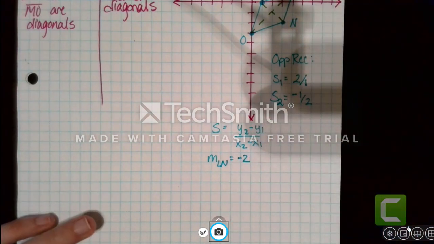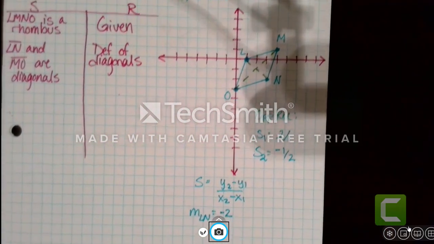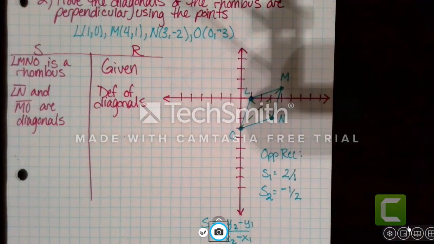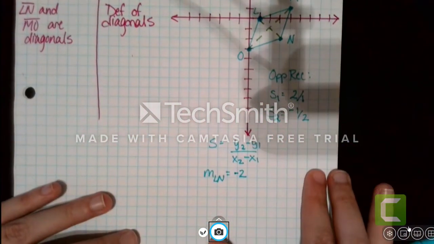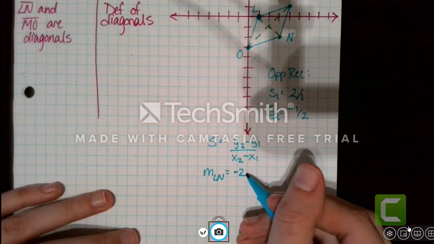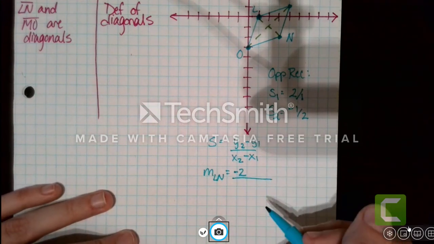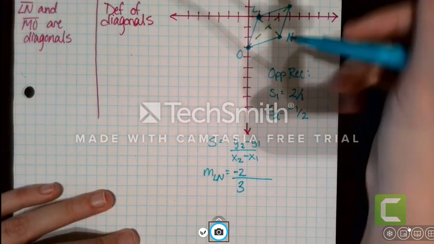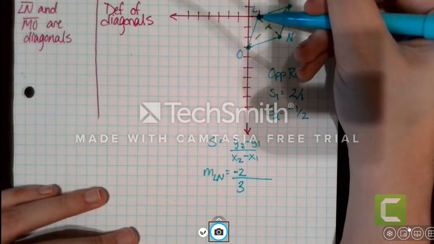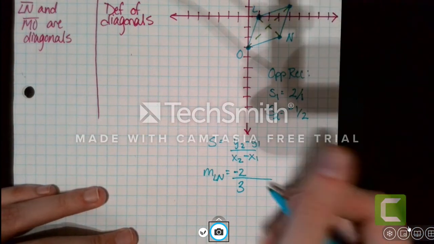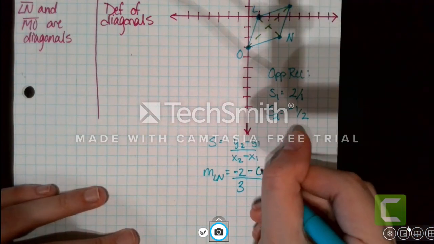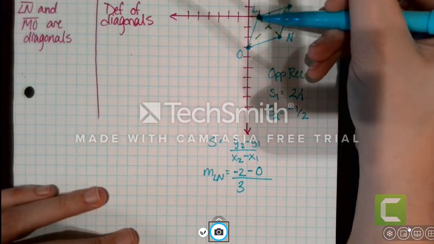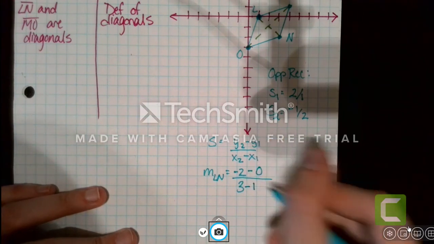So we would do negative 2 to start. Again, if you cannot read this on the graph, you can read this above in the given points. So our y-coordinate is negative 2, and our x-coordinate for N is a positive 3, which means now we have to write down our coordinates for L. Now our y-coordinate for L is 0, so we're subtracting 0 from negative 2. But since our x-coordinate is a positive 1, we're going to be subtracting 1 from our 3.